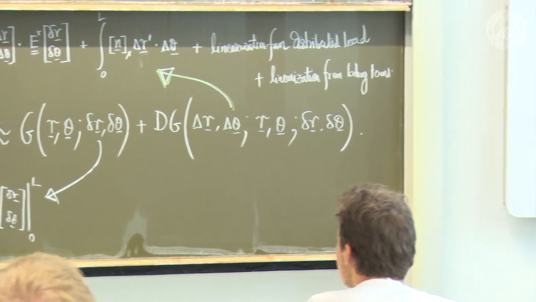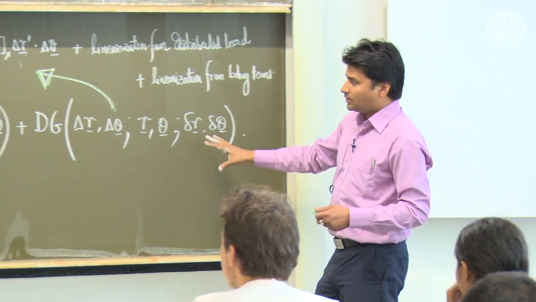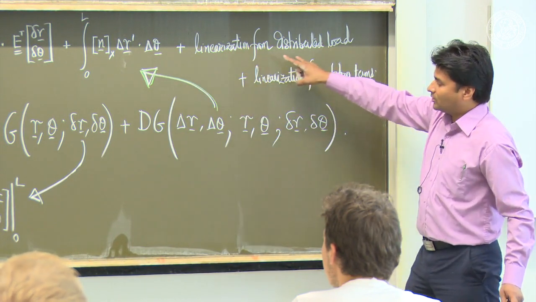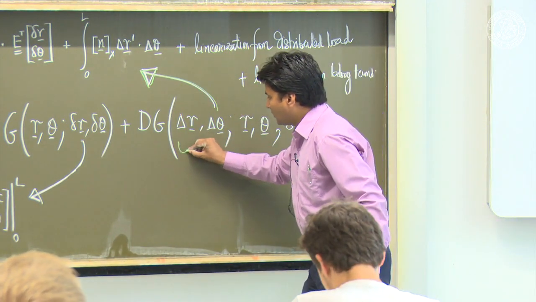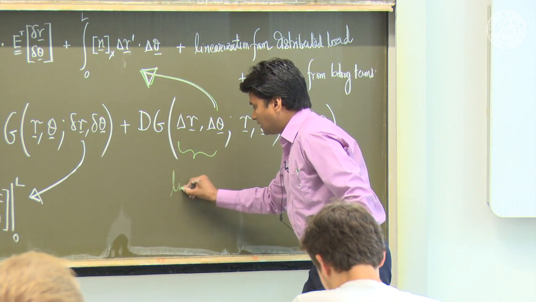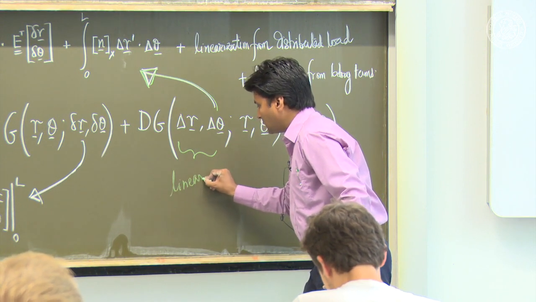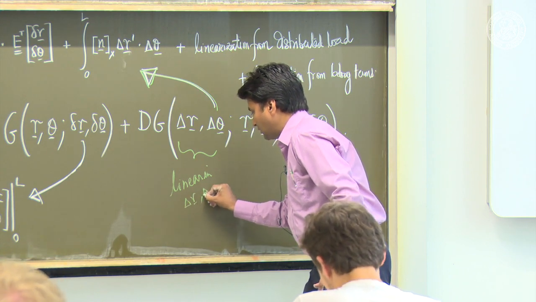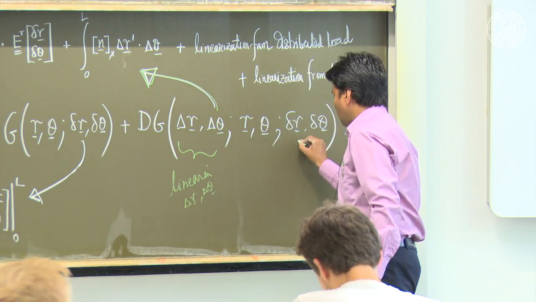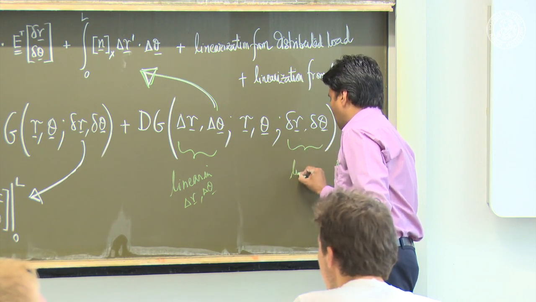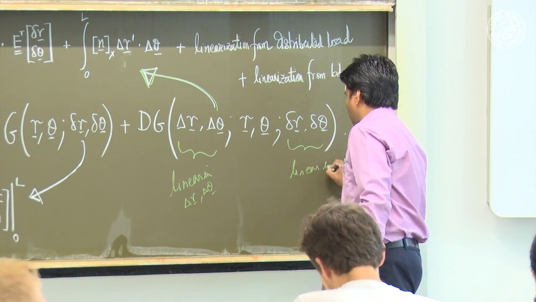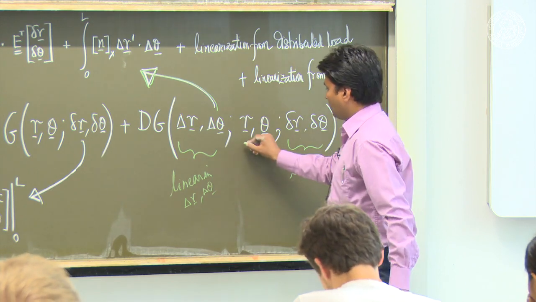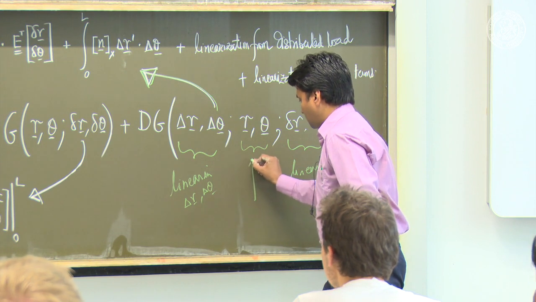And you see the way I have written here, this dG, you would also be able to note it is linear in delta r delta theta, it is also linear in del r del theta, but it is non-linear in r theta.